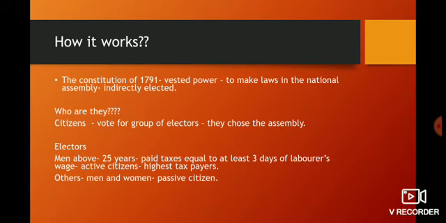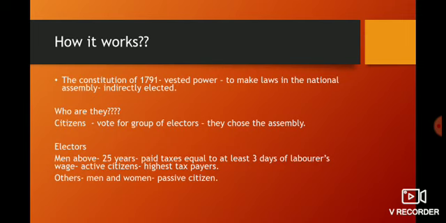Indirectly elected people are the persons elected by the citizens. For example, the citizens voted for a group of electors. The people belonging to France will elect a group of people. Is it clear? They will make the important laws, children.